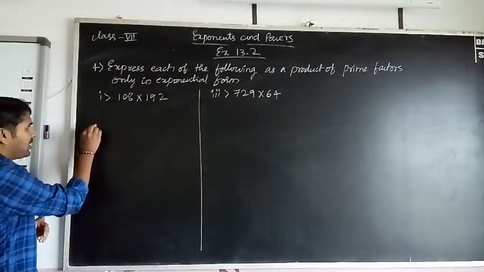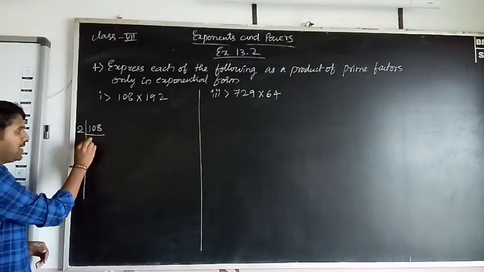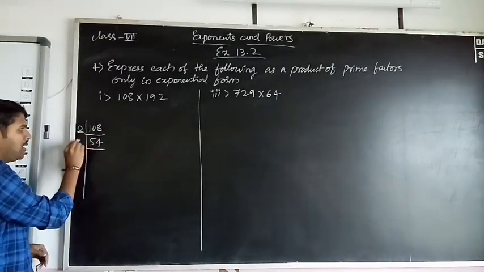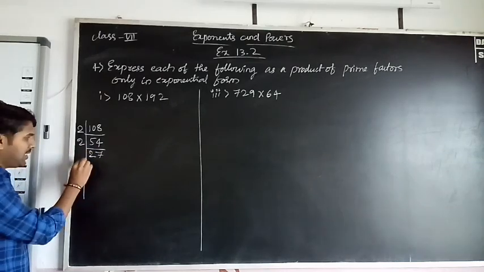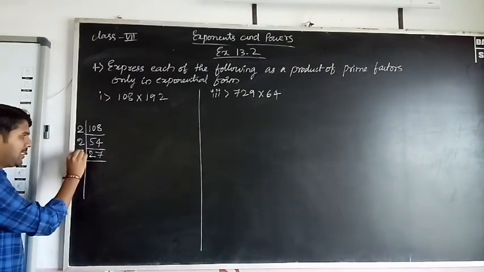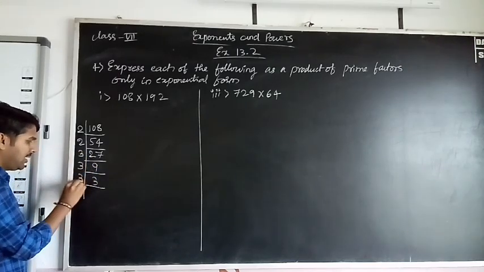So 108. Solve this one. 2 5s are 10, 2 4s are 8. Next, 2 2s are 4, 2 7s are 14. Next, 27 is there, 3 9s are 27. Next, 3 3s are 9. Next, 3 1s are 3.